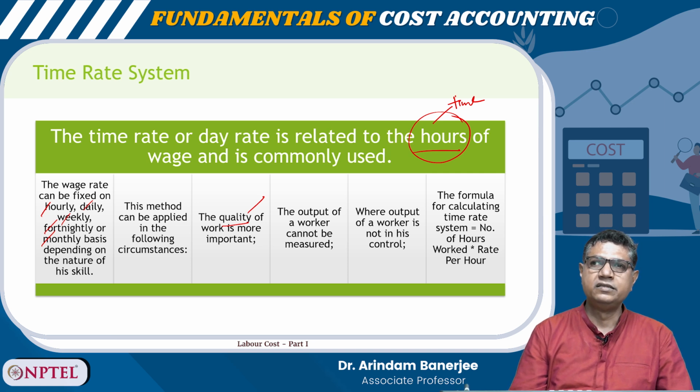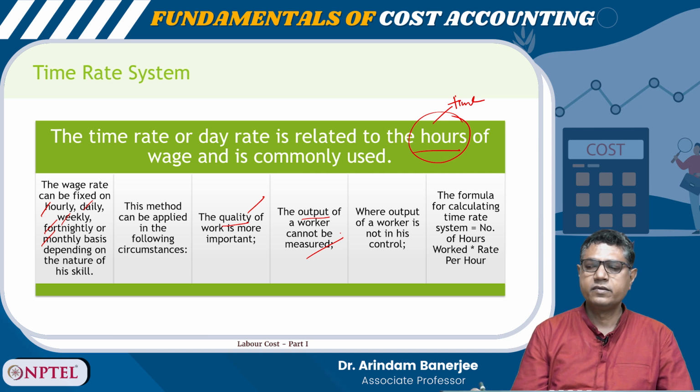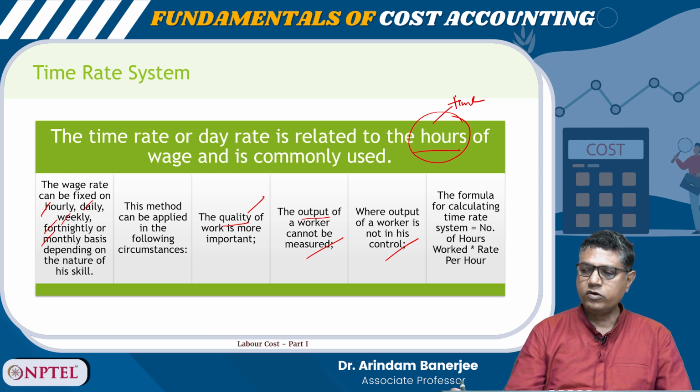Suppose the worker is highly skilled, in such a case, the output of a worker cannot be measured, right, or where output of a worker is not in his control. And the formula for calculating the time rate system is number of hours worked into rate per hour.